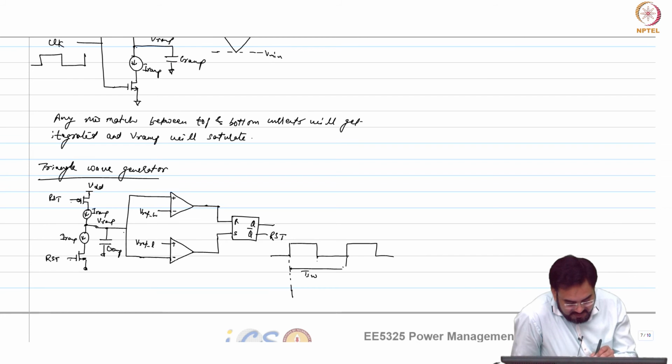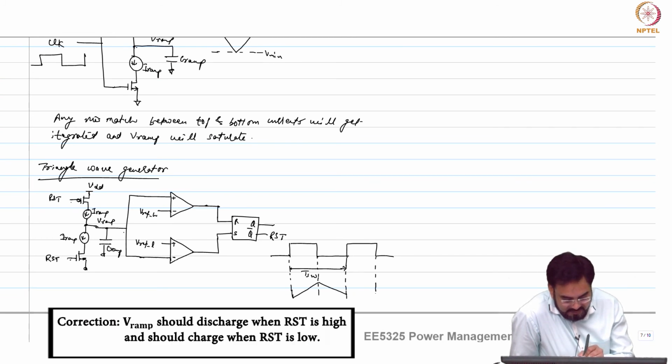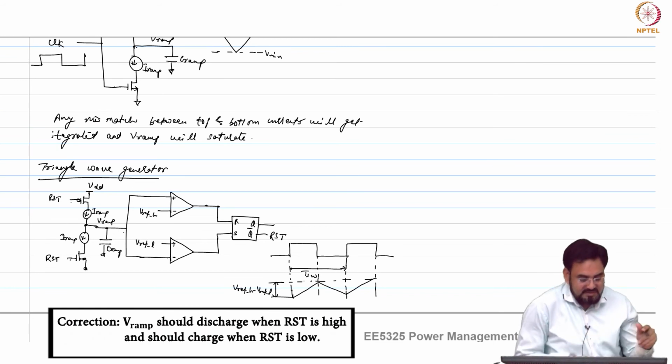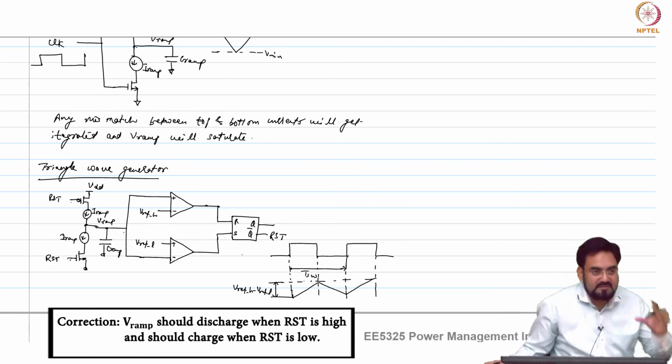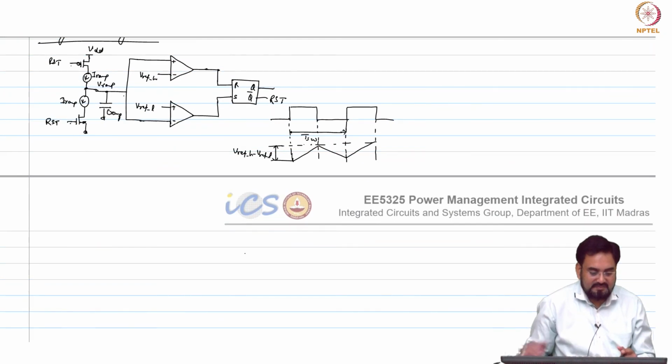So in one period you should get the complete wave. Okay, so this is your VRAM. And what will be the amplitude of this? VREF H minus VREF L, which means the difference. If we keep it equal to VM, it will remain VM.